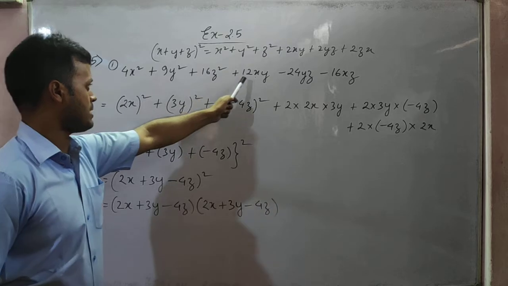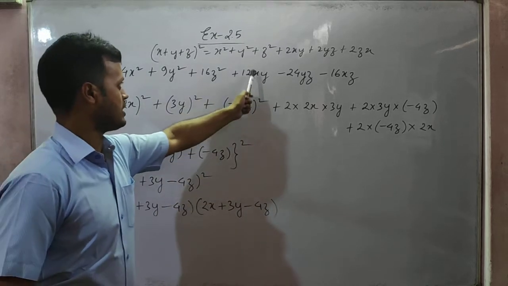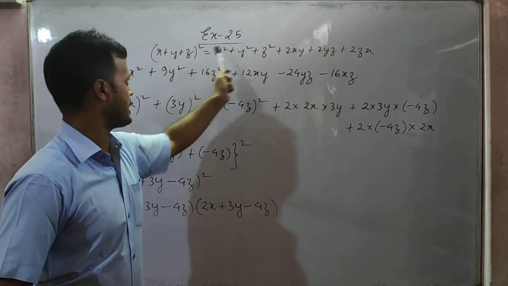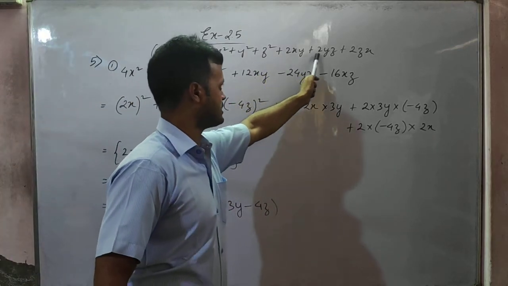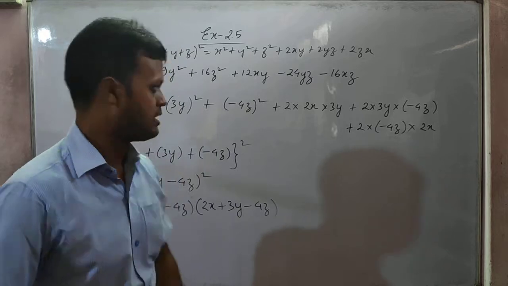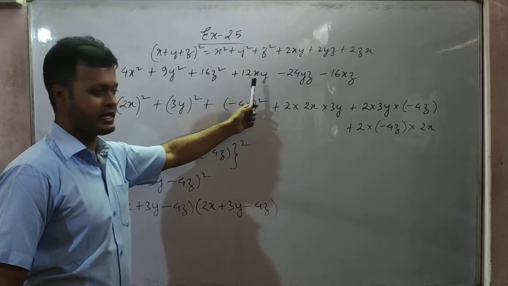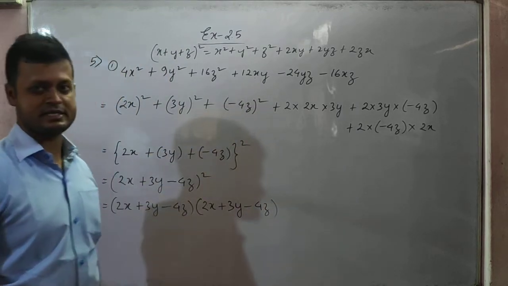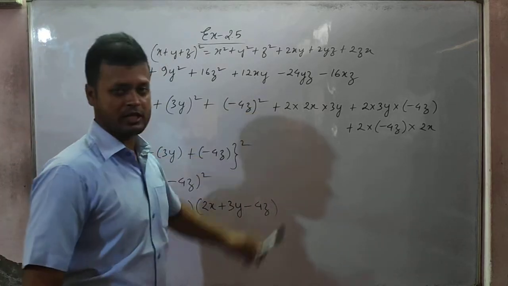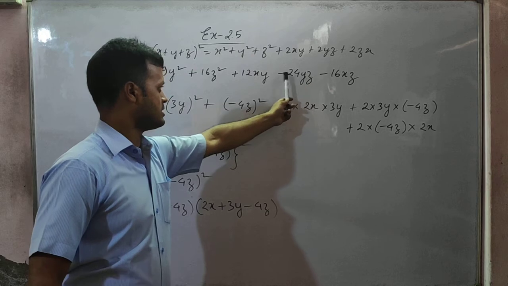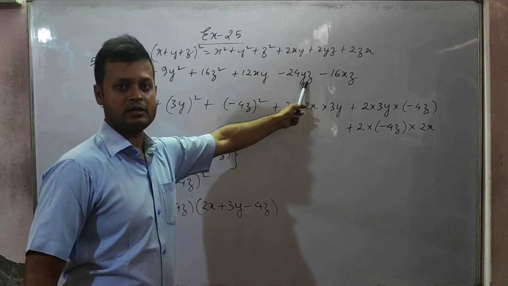Understood? If x, y, z all are positive, therefore before all 2xy, 2yz and 2zx we got positive sign, isn't it? But here we can observe that before xy positive sign is there, so I thought that x and y both are positive. So for which term is this negative sign coming? It is coming for z.